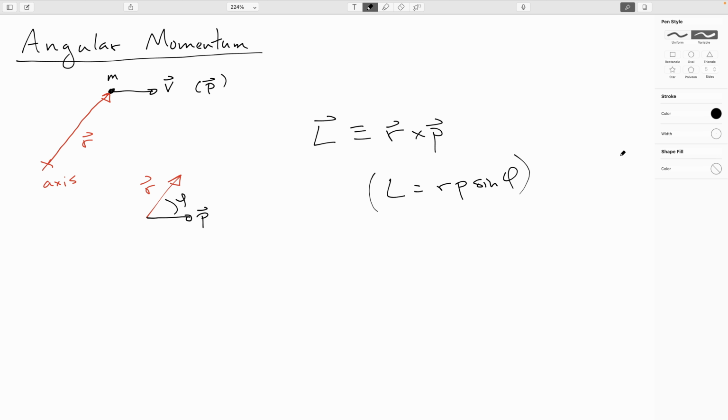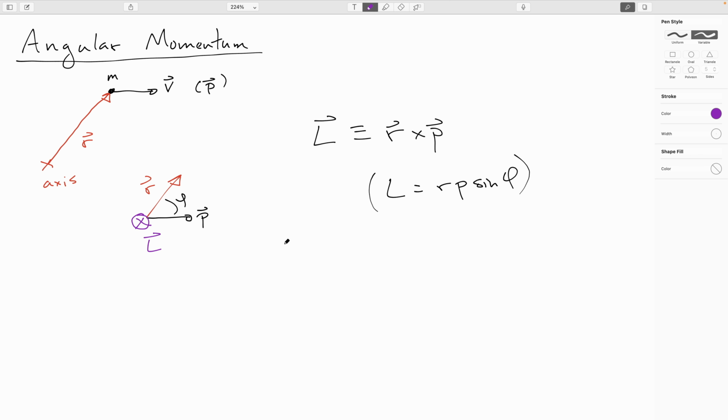Go ahead and pause the video for a moment and see if you can figure out which way the angular momentum points here. All right, so remember to make the widget with your right hand. Put your first finger along r, then flip your hand around to get your second finger to match p. And what you should have gotten was that the angular momentum, in this example, points into the screen.